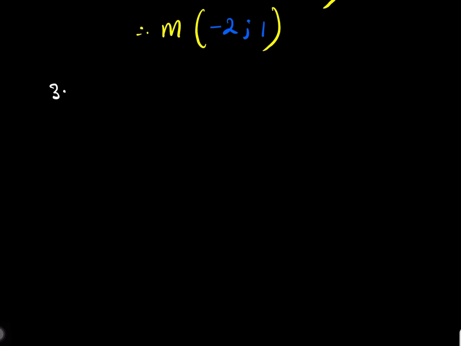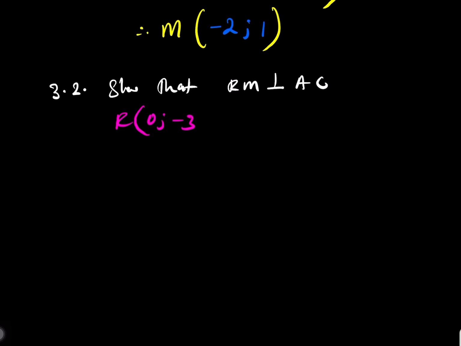Now, the next question. That is 3.2. We need to prove that RM is perpendicular to AC. Well, we found the point R to be 0 and negative 3 for the Y value.